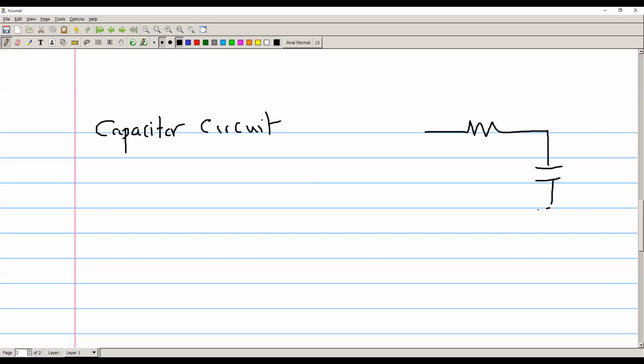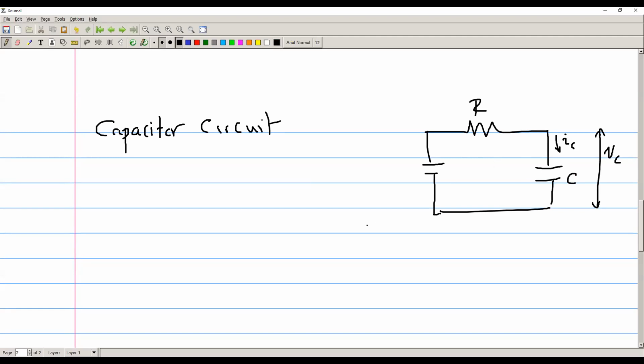If you have a particular capacitor circuit with a resistance, a capacitance, and maybe also a voltage source, you usually would like to have the value of the voltage VC, or the current IC, as a function of whatever happens in the circuit.